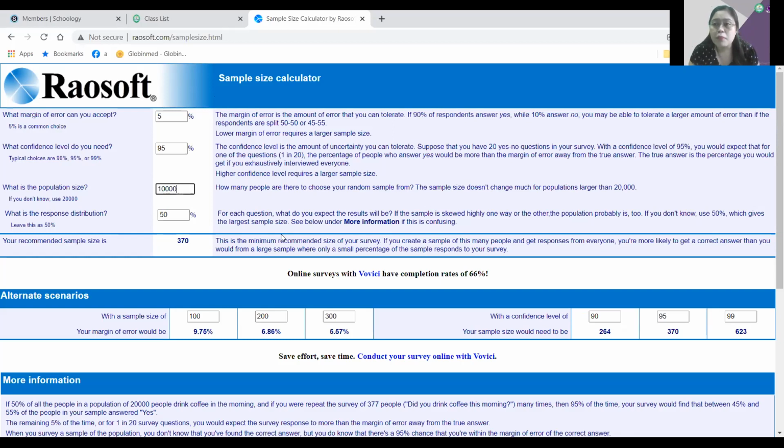But take note that both of them are accepted in research. You just have to state in your paper under the sampling technique that when you computed the sample size, you used either the Slovin's formula or the Raosoft, so it will be clear to the panel and the reader how you got your certain sample size.